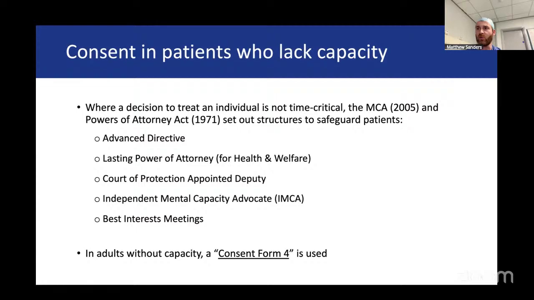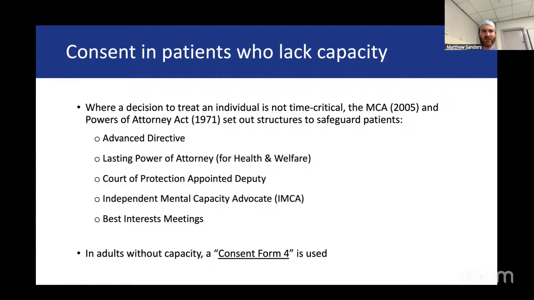So, for example, if an individual were to have an acute neurosurgery problem which meant that they lack capacity, their power of attorney for health and welfare would then have the legal right to make their decisions. And we as the clinicians would have to treat the decisions made by the lasting power of attorney as if it were the patient themselves. And in cases where the courts are involved, they can also appoint a deputy via the Court of Protection.